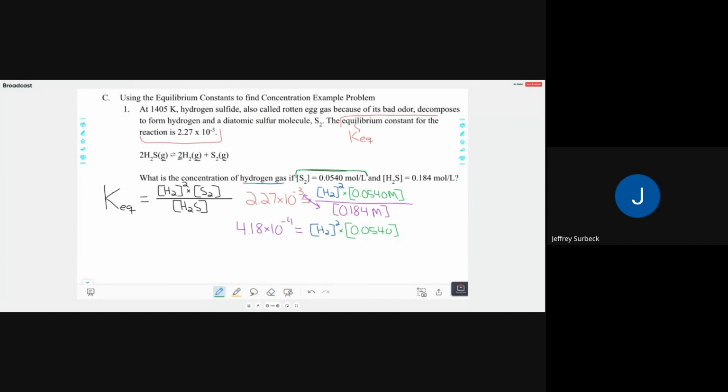Okay. Now we've got to get H2 squared all by itself, so we're going to divide each side by 0.0540 molar, and we'll do this on both sides.